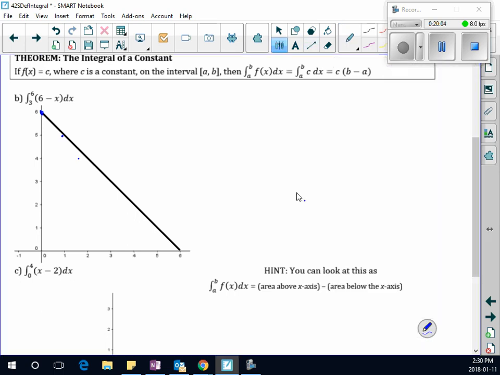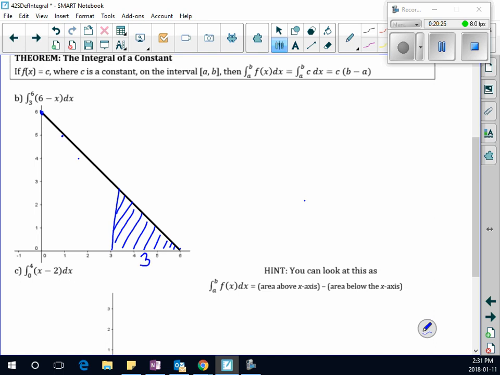Now I need to go from 3 to 6. So 3 to 6 is from here to here. All right. Does anybody know how to find the area of that? That's just the area of a triangle, right? So the base is 3.